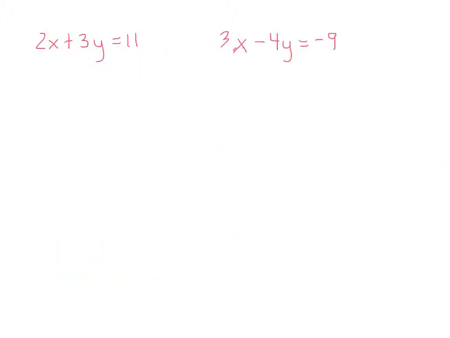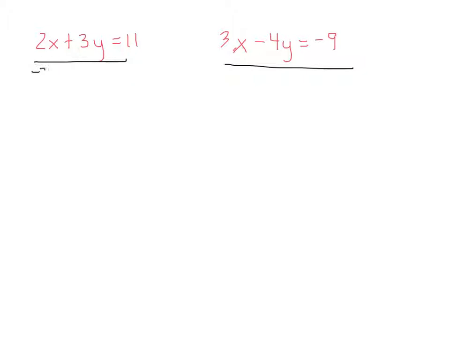Alright, so here are the 2 equations, and I just got done telling you that in order to see where the solution for the 2 equations is, you've got to know where the 2 intersect, right? So when I graph this line and I graph this line, where the 2 lines touch each other, that's the solution. Well, if I want to graph those, I need to get y by itself on each, don't I? Let's get them in slope-intercept form.